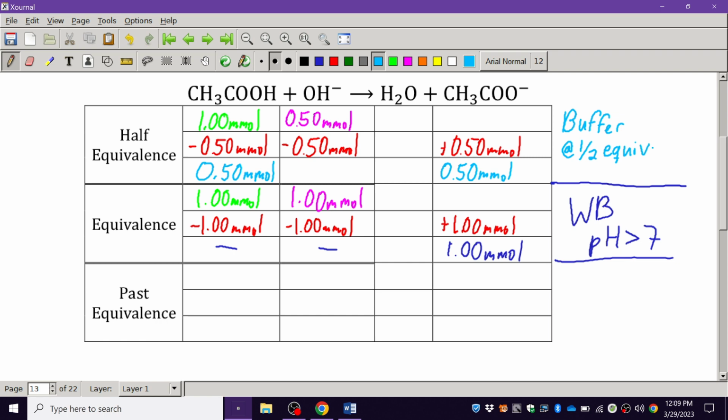The Henderson-Hasselbalch equation. And if I plug 0.5 over 0.5 into the log term, what does that give me? What's the log of 1? 0. So that means the pH is equal to the pKa plus 0, which means the pH is equal to the pKa.